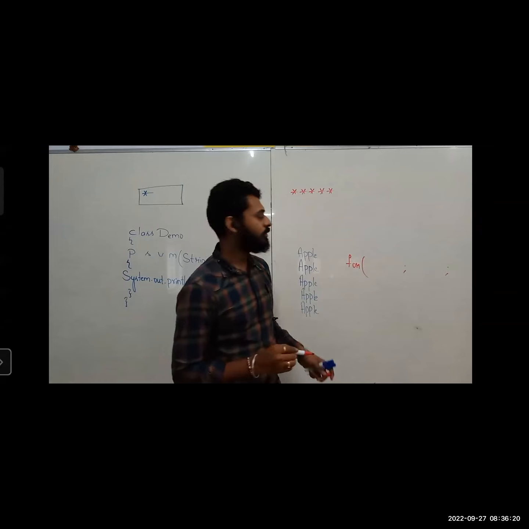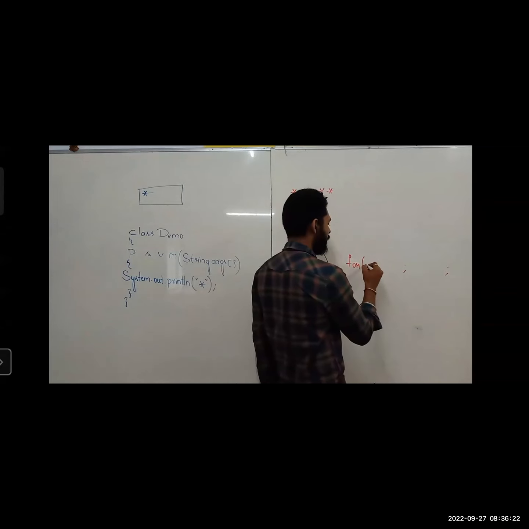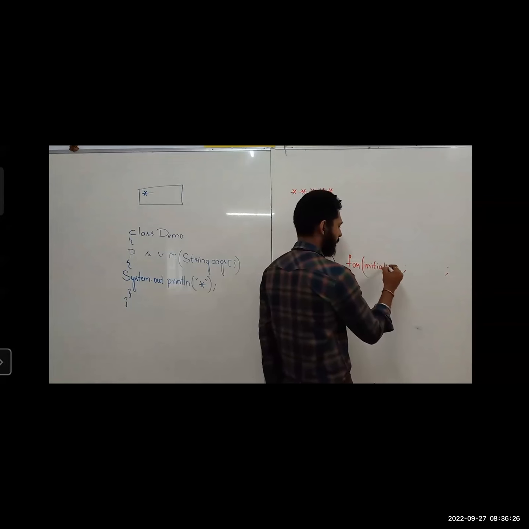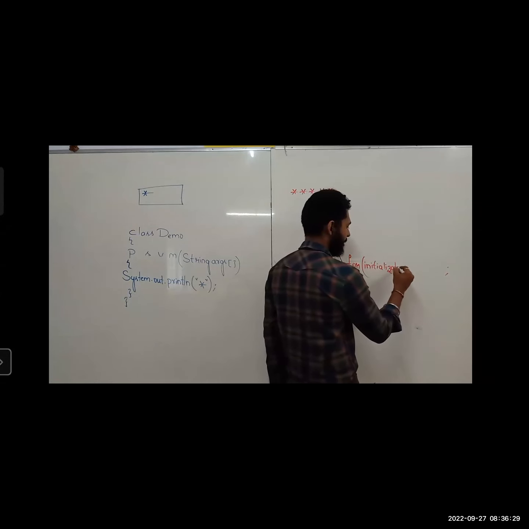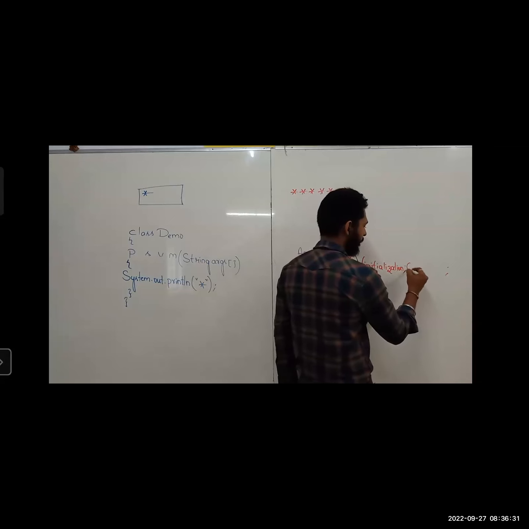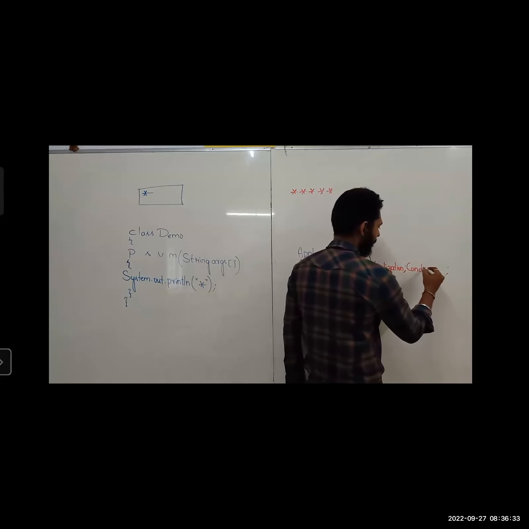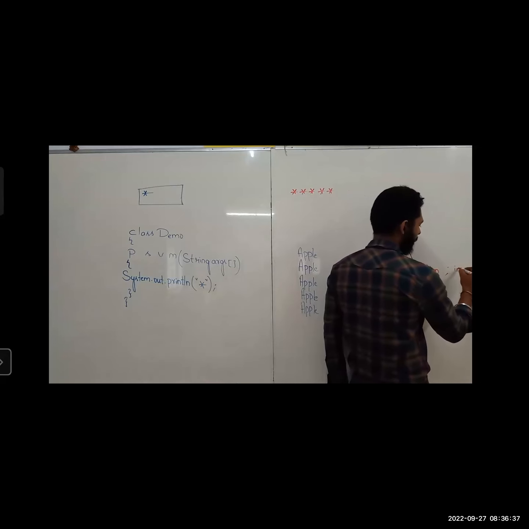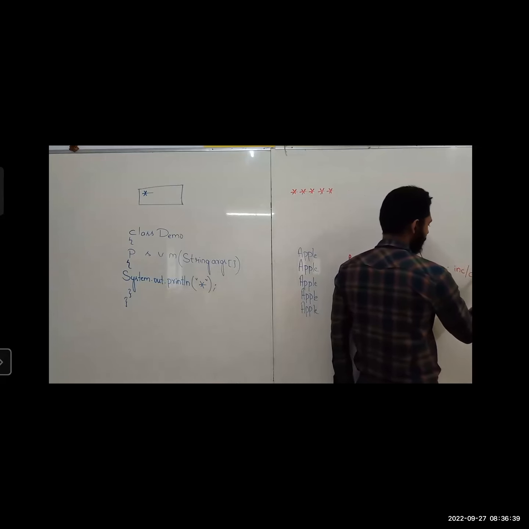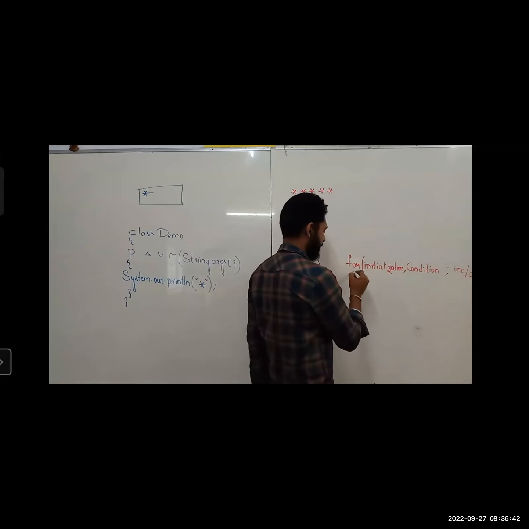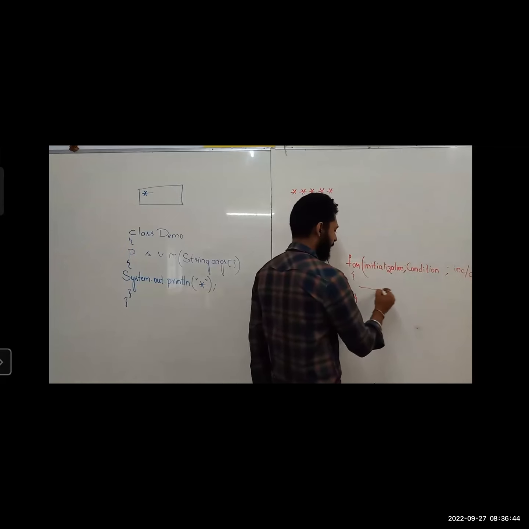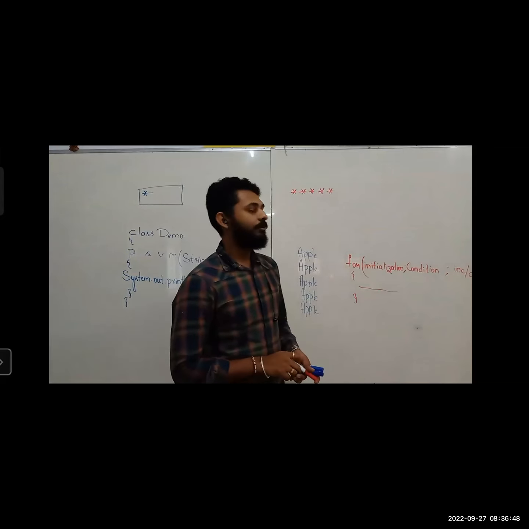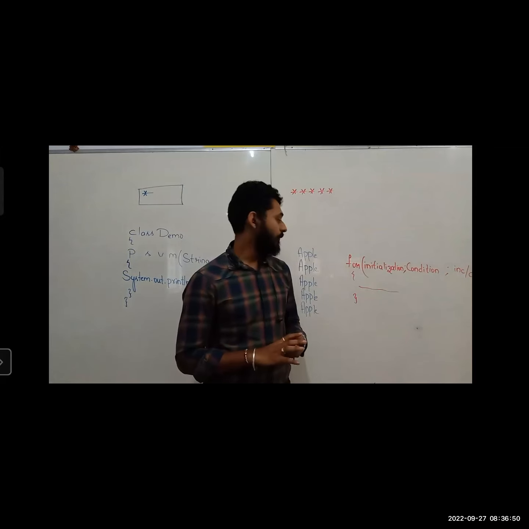In the first part, you should write initialization, then the condition, and then increment or decrement. Some statement I'll write. So how will it work? I'll explain you.